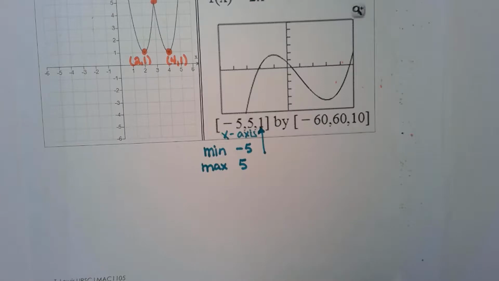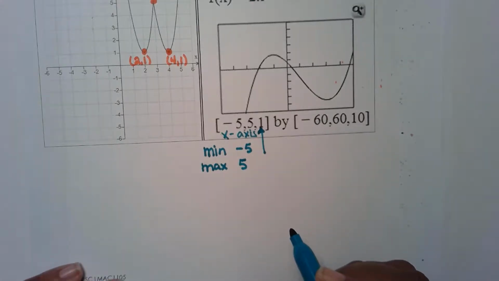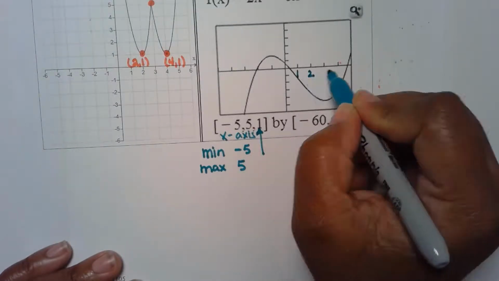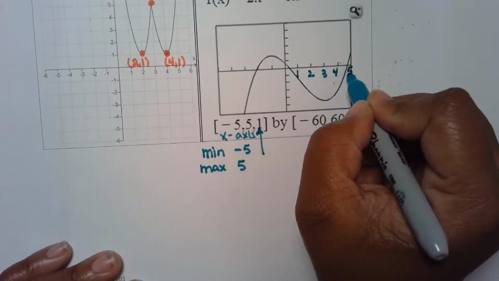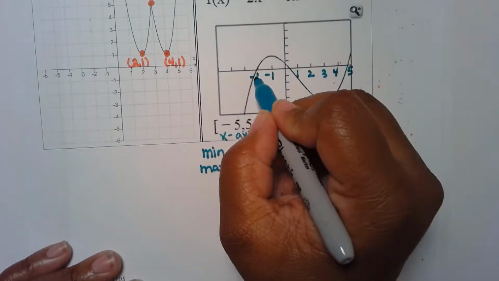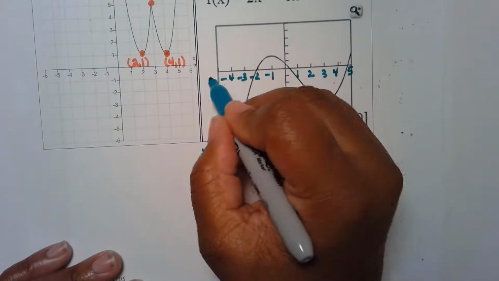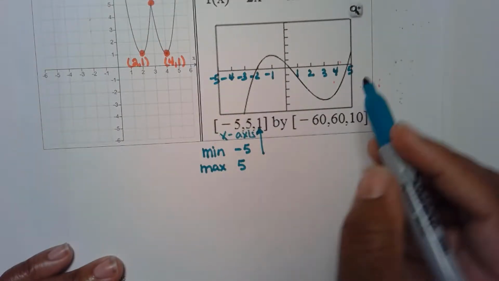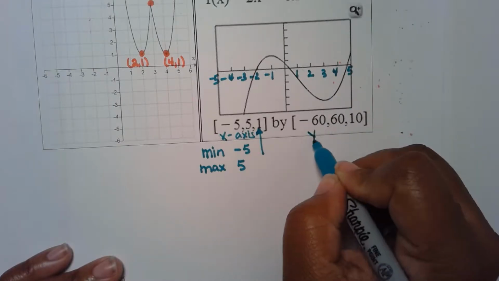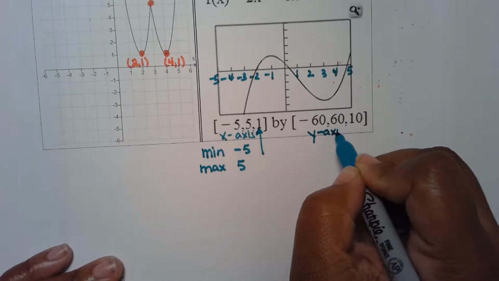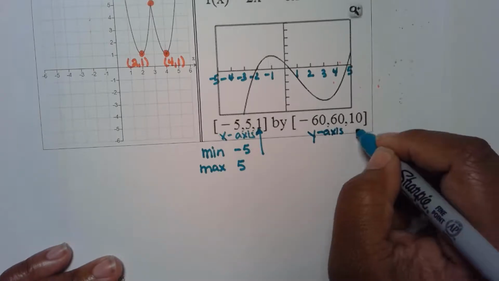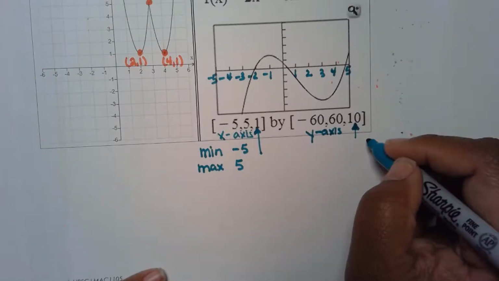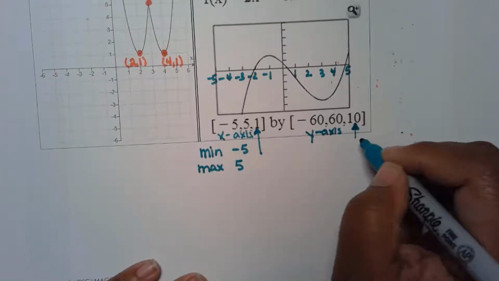And then this last number is the increments. You count by increments of 1. So we would say, look along the x-axis here: 1, 2, 3, 4, 5, -1, -2, -3, -4, -5. This would be your range on the x-axis. Now, the second set is the range on the y-axis. But this time it's counting by increments of 10.